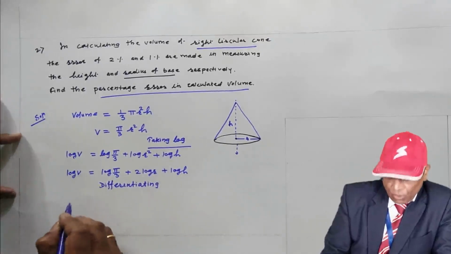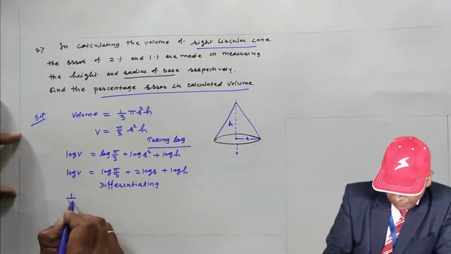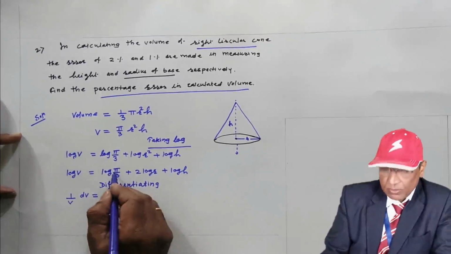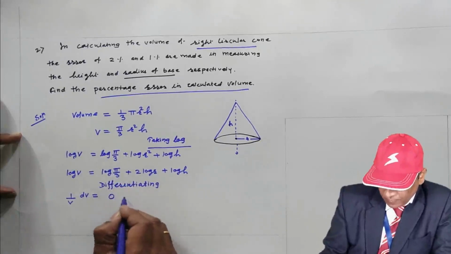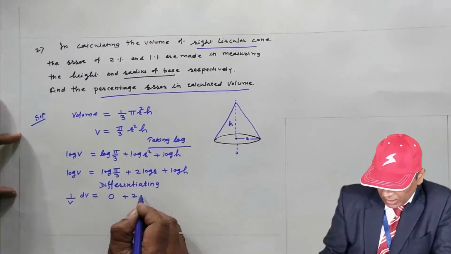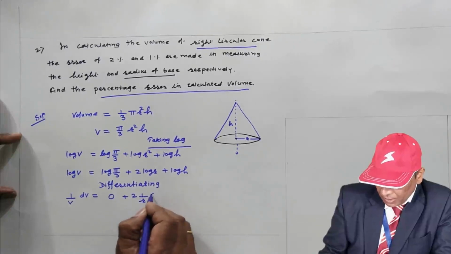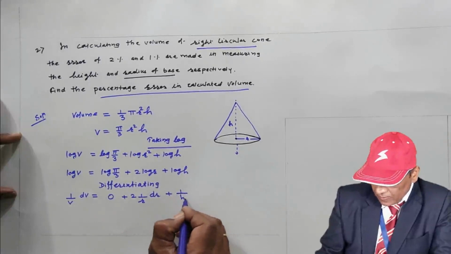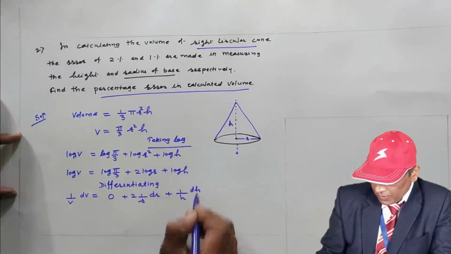Now derivative of log v is 1 by v dv. Derivative of constant is 0. R and h are variable. Derivative of log r is 1 by r dr. Derivative of log h is 1 by h dh.